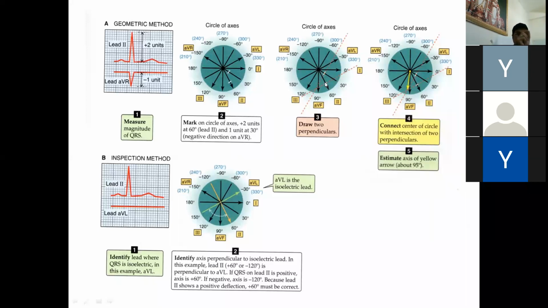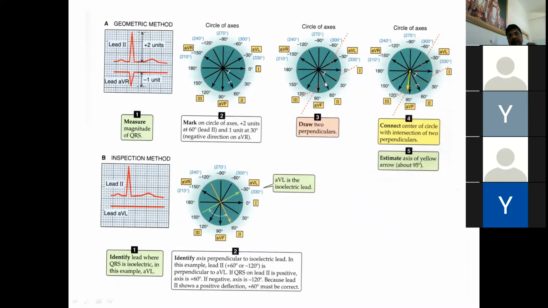It will pass through the point which you marked first: -1 on AVR, and +2 on lead 2. You will extend these two perpendiculars, and they are going to cross each other at some point. Okay, they cross each other here.